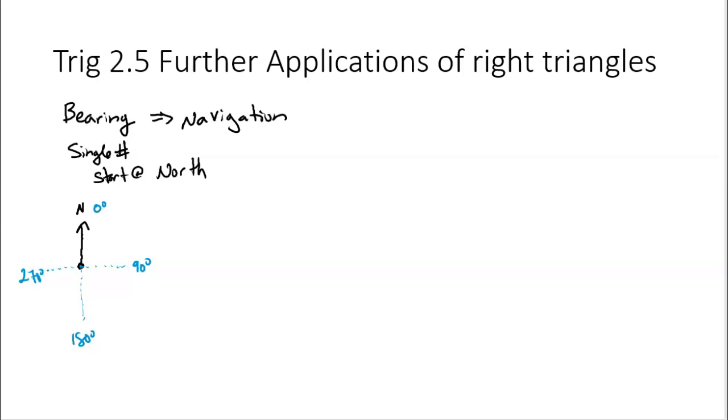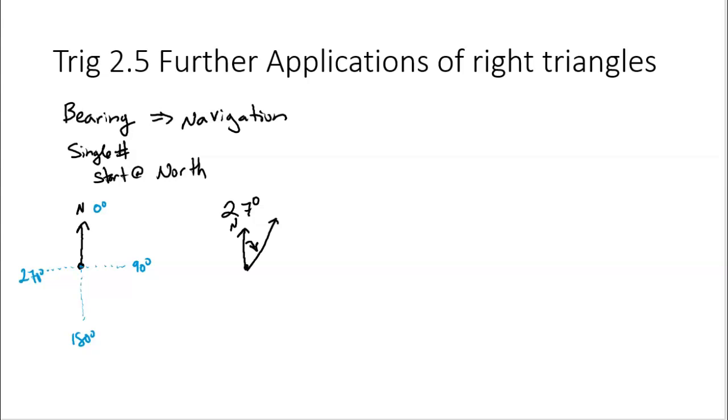So if I wanted you to draw something with a bearing of, say, 27 degrees, 27 is between 0 and 90. So what we would do is draw our due north, and then 27 degrees is this distance right here. So it's how far away you are from your north line.